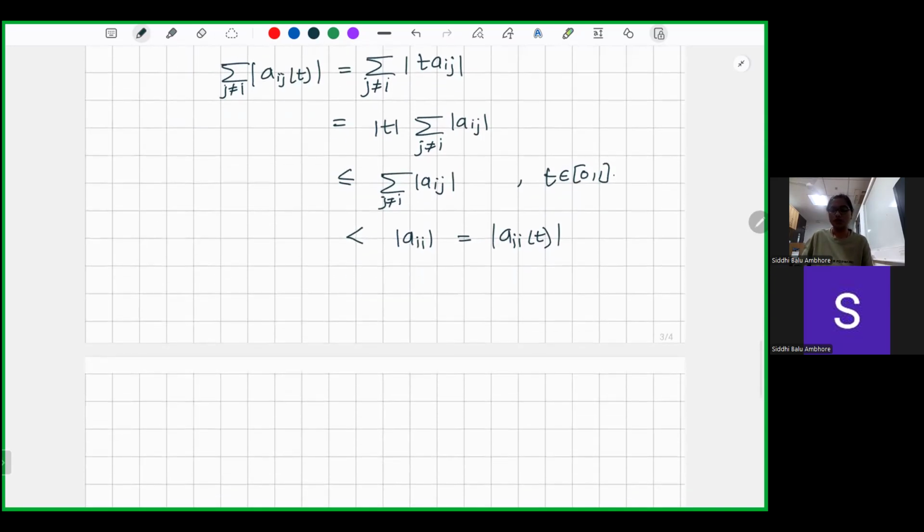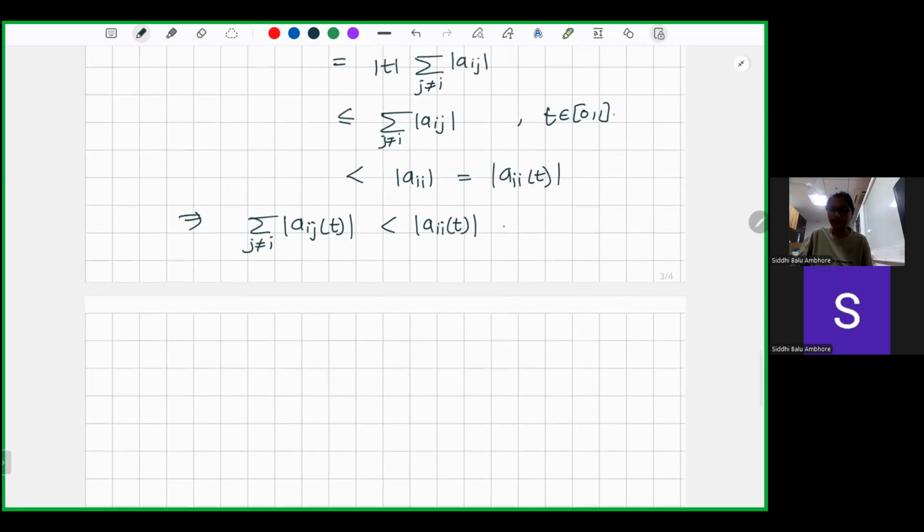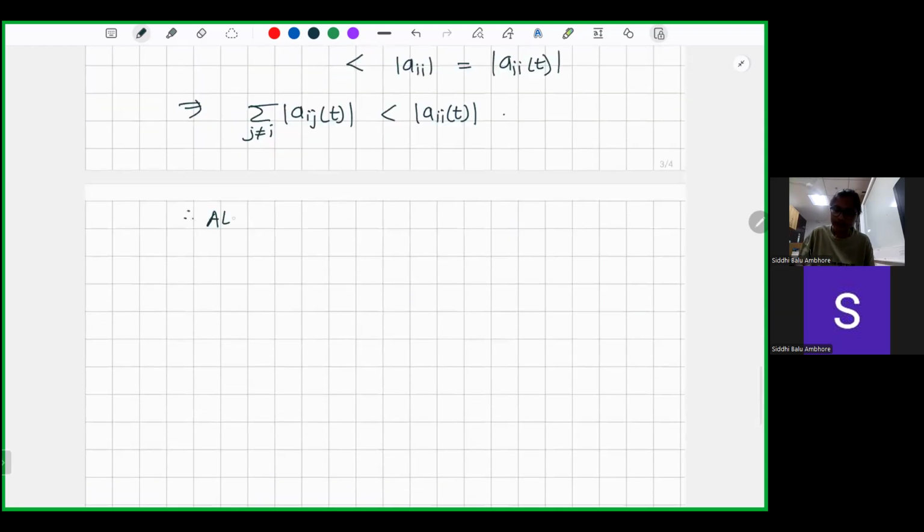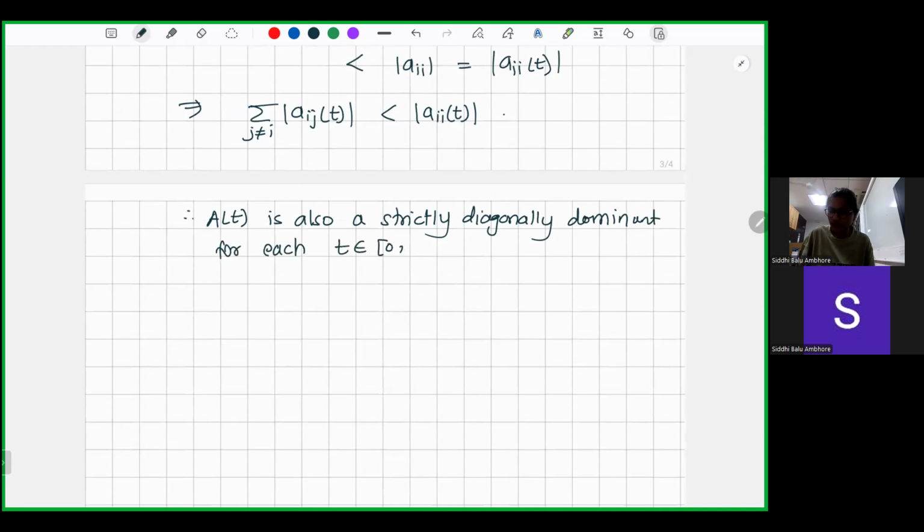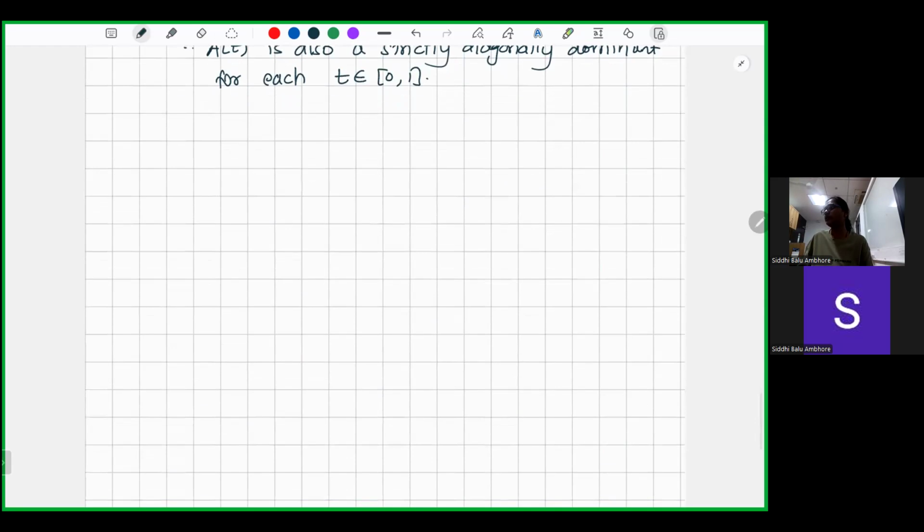So this implies the summation over j not equal to i of mod of a_ij(t) is strictly less than mod a_ii(t). Therefore this A_t is also strictly diagonally dominant for each t in [0, 1].